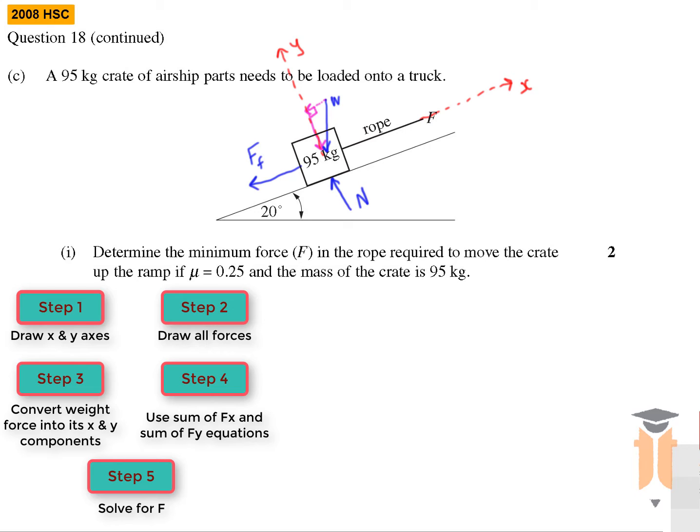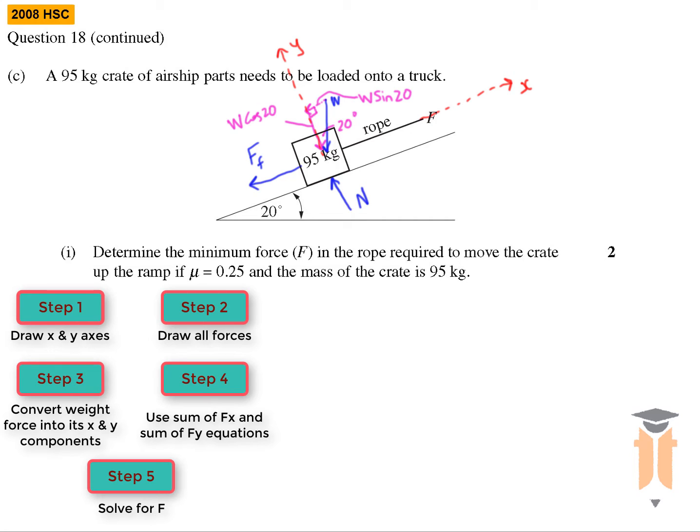Now the angle between the Y component and the weight force will be 20 degrees. Okay, so now our Y component will be W cos 20, since it's adjacent over hypotenuse. And my X component will be W sin 20, since it's opposite over hypotenuse.